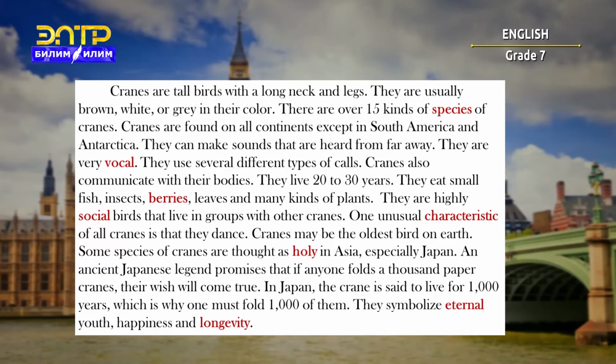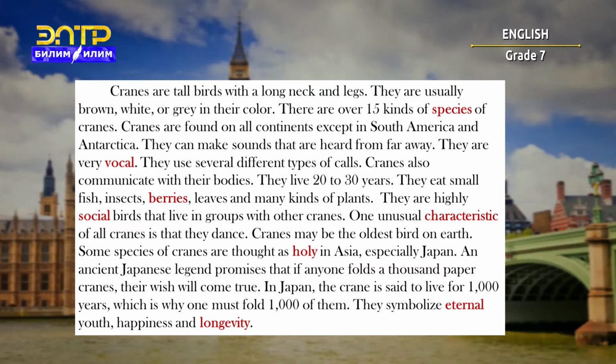They are very vocal. They use several different types of calls. Cranes also communicate with their bodies. They live from 20 to 30 years. They eat small fish, insects, berries, leaves, and many kinds of plants. They are highly social birds that live in groups with other cranes.